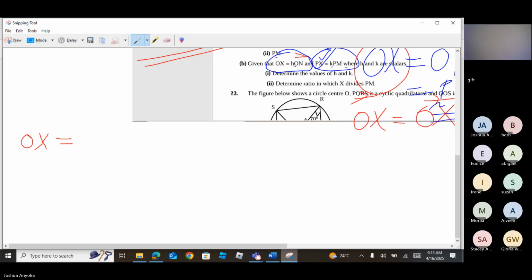OP and PX. OX is equals to? OP, then PX. No. Give me the final one. The final answer after we interpreted our OX in two ways.